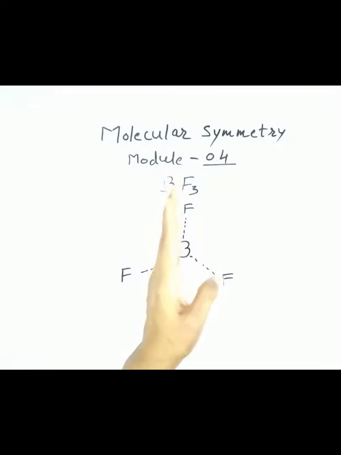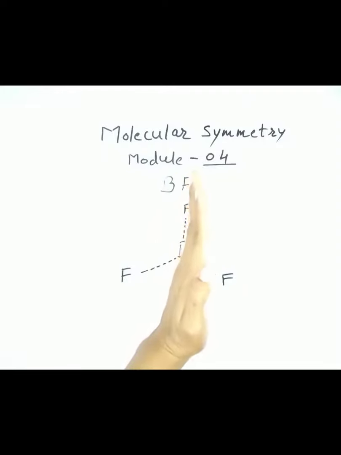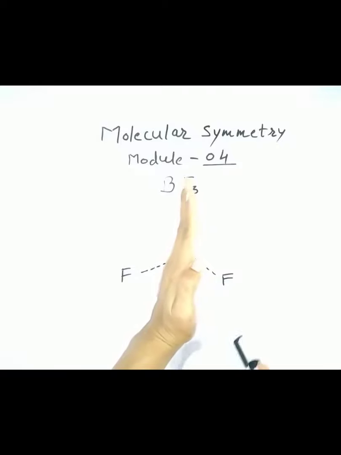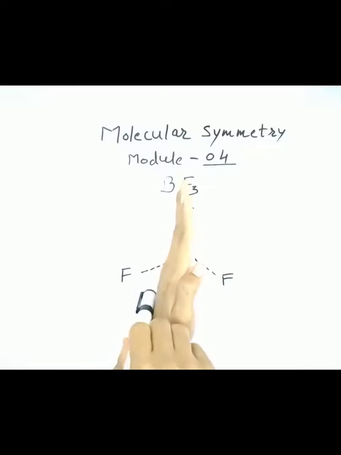As the plane is passing through these two atoms, they will not change their position. The fluorine on this side will get reflected over this one. Actually, none of the atoms is going to change position in the mirror plane, but this fluorine atom is going to reflect over this fluorine atom.